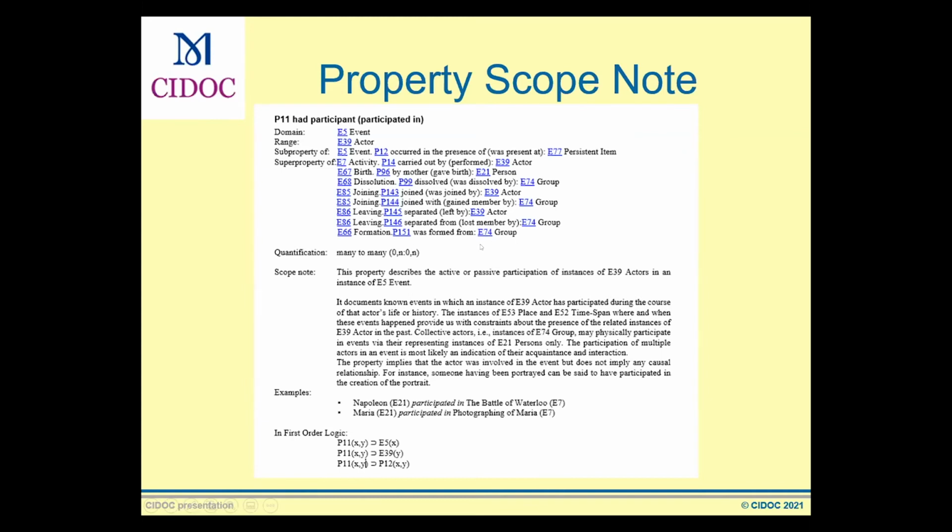And we can also talk about the formations of groups. So these are all different types of participation.